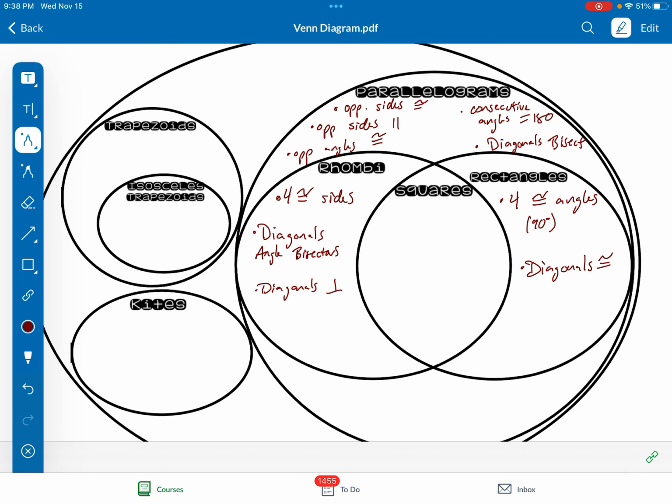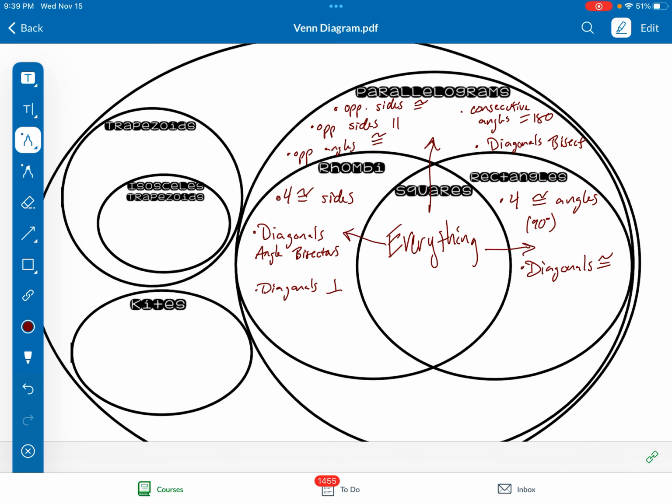Okay, that's specific to a rhombus. And then finally, squares is all of that. And I'm not going to rewrite it. It's everything about parallelograms. It's everything about a rectangle. And it's everything about a rhombus.